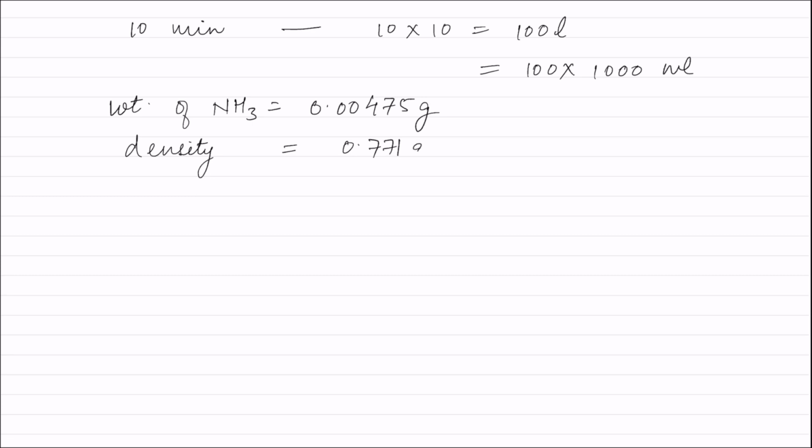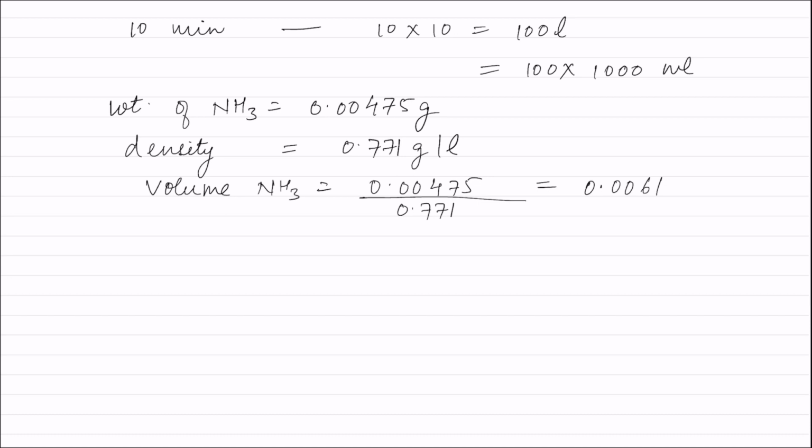Density of ammonia is equal to 0.771 grams per liter. Therefore, volume of ammonia will be equal to mass by density, that is 0.00475 divided by 0.771, and this is equal to 0.00616 liters, and this is also equal to 0.00616 into 1000 milliliters.